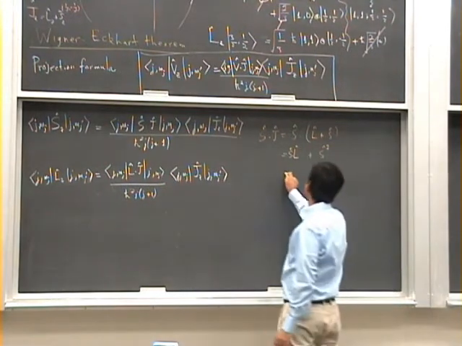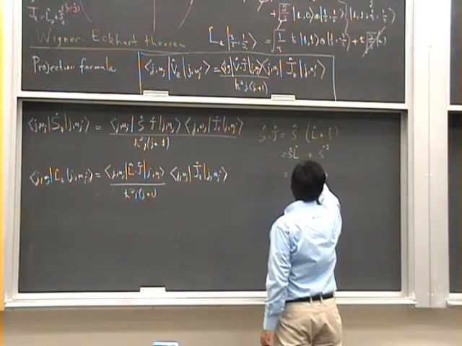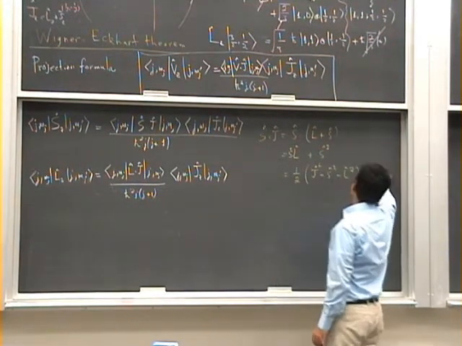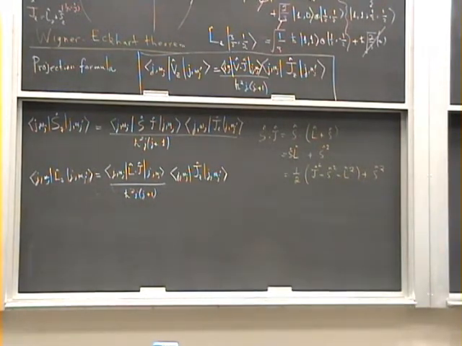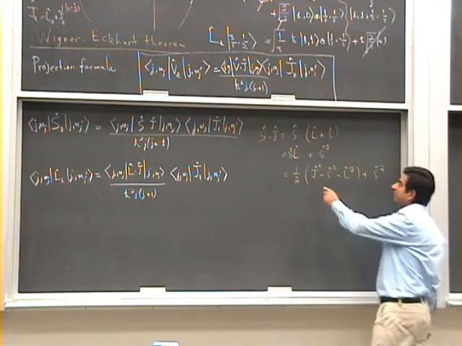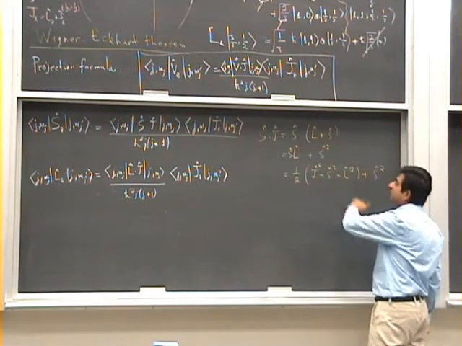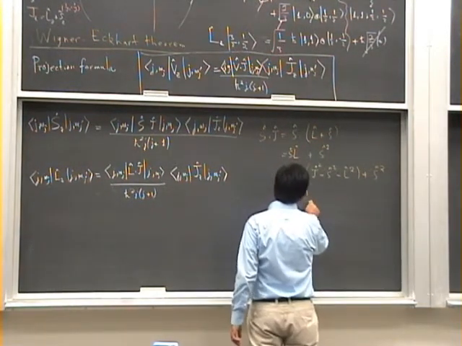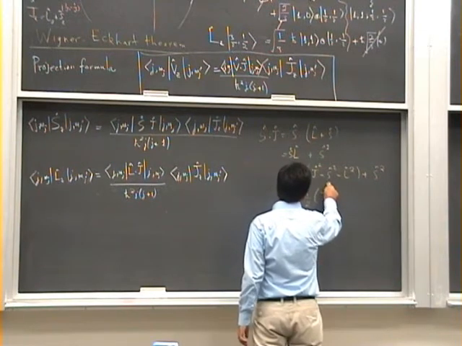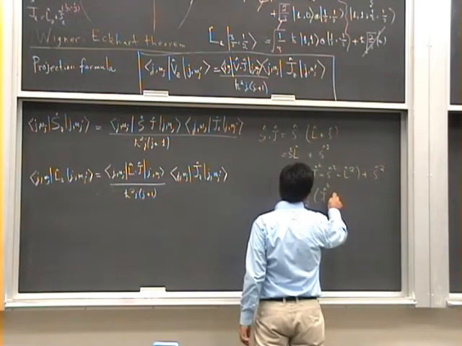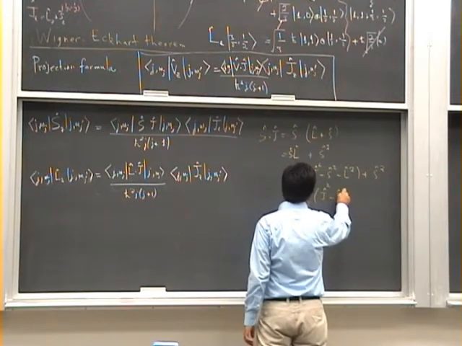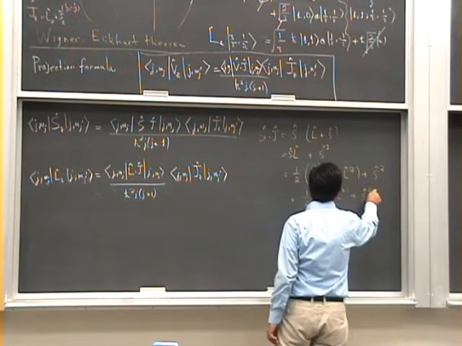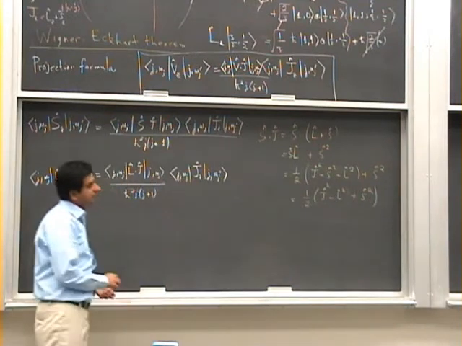Now S dotted with L we know is half J squared minus S squared minus L squared, because J is equal to L plus S, so J squared is S squared plus L squared plus 2 times S dot L. So S dotted with J is half of J squared plus S squared, plus S squared. This is S dot J.